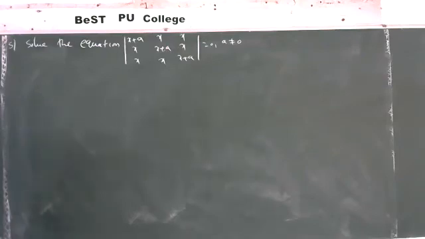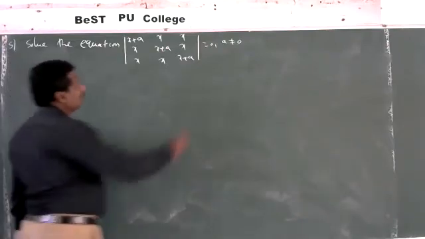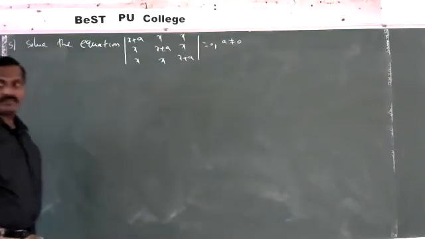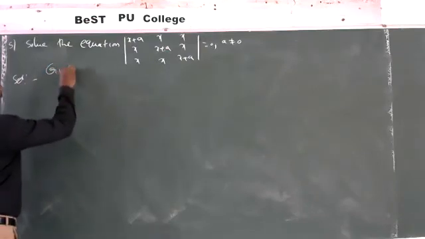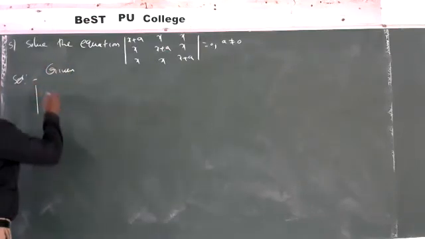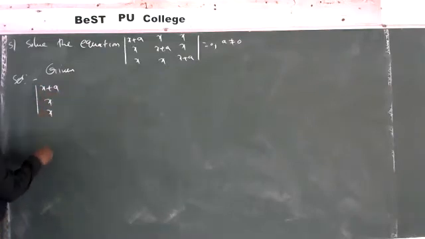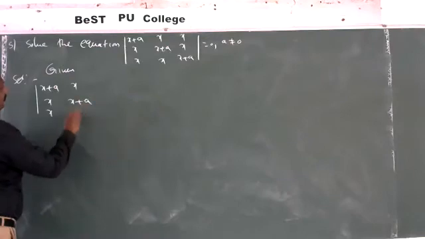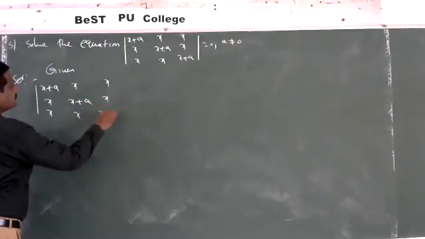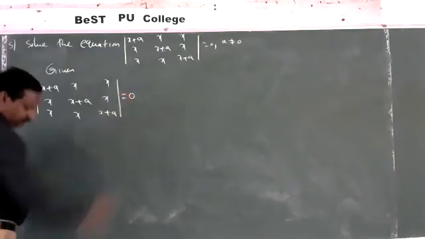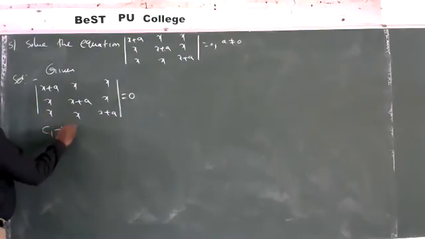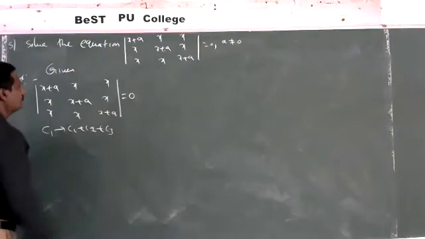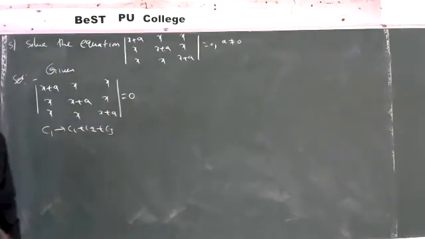Solve the equation determinant of x plus a, x, x plus a, x plus a equal to 0. Solve means you have to find the value of x. Here if you apply C1 goes to C1 plus C2 plus C3, or R1 goes to R1 plus R2 plus R3, any one.